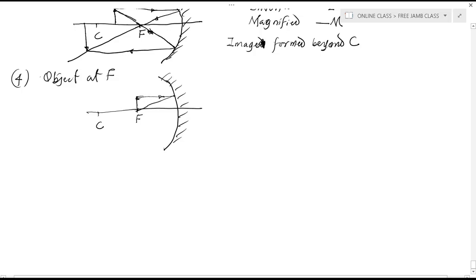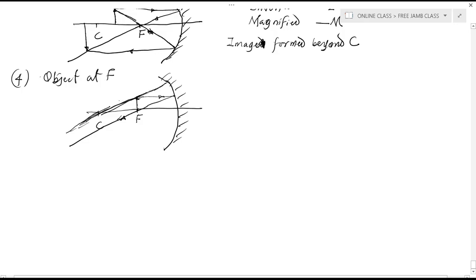It reflects back along F. Now, the other ray, instead of passing through F, it can't pass through F now. It will pass through C. Through C like this.